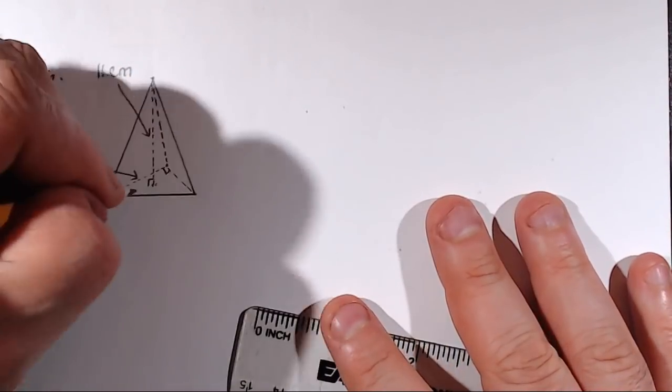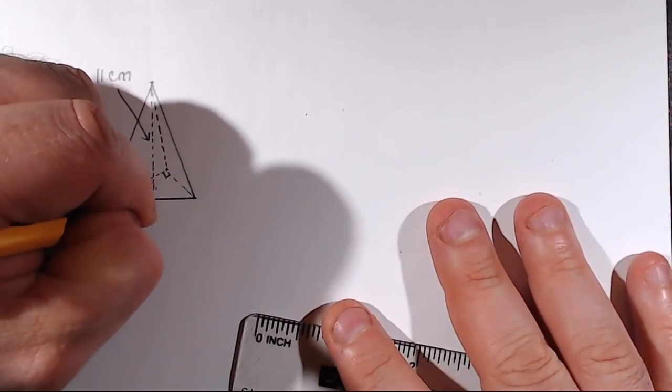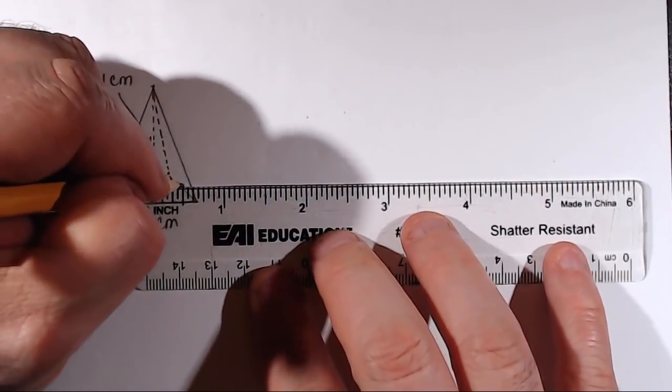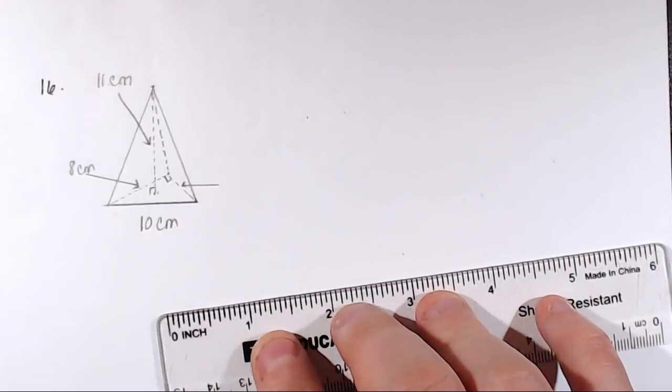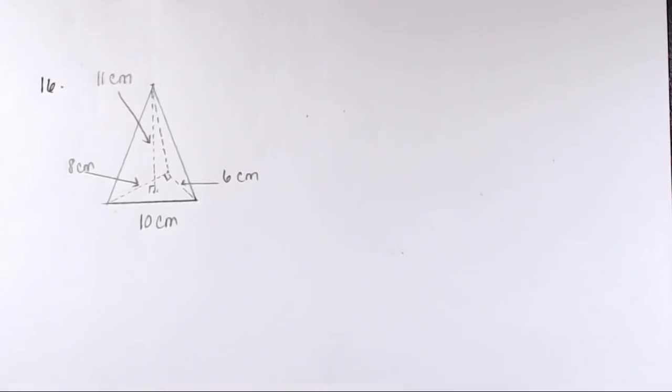This, which is actually the hypotenuse of that triangle laying down on its side, is 10 centimeters. And then this little short edge over here is 6 centimeters. So let's go find out how to find the volume of a three-sided pyramid, or a pyramid with a base of 3 sides.